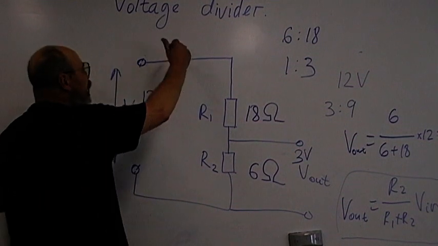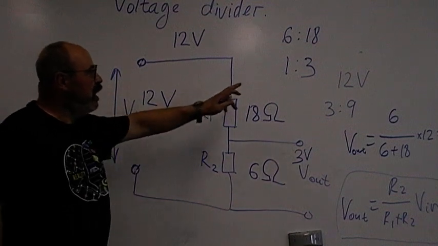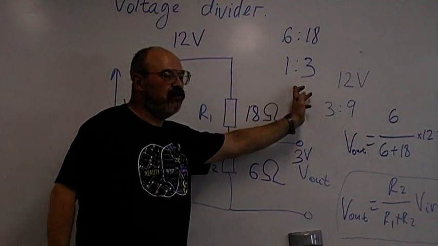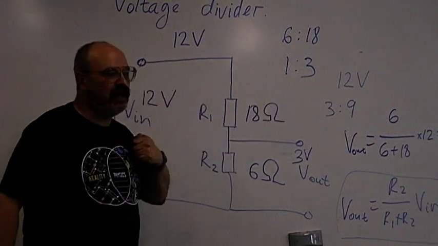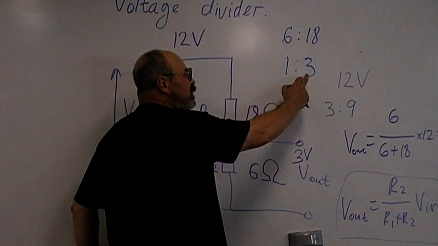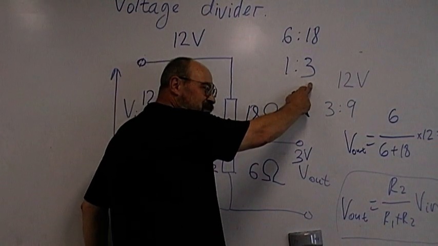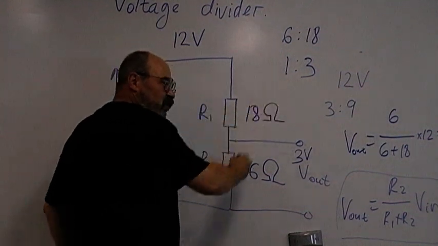How do we divide 12 volts in the ratio 1 to 3? How many parts altogether do we have? 4 altogether. 12 divided by 4 is 3. So 1 part is 3 volts, 3 parts are 9 volts.